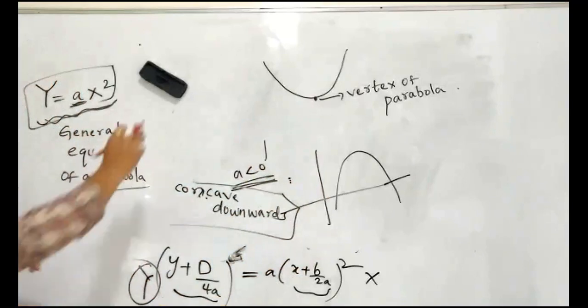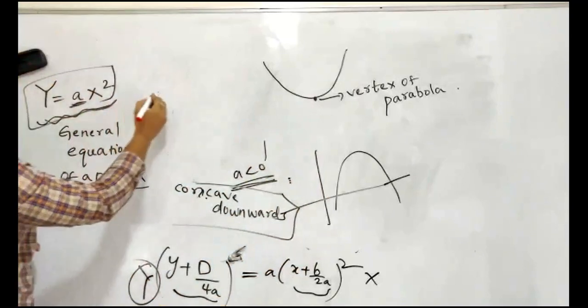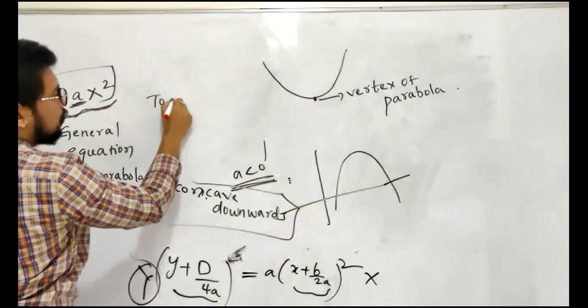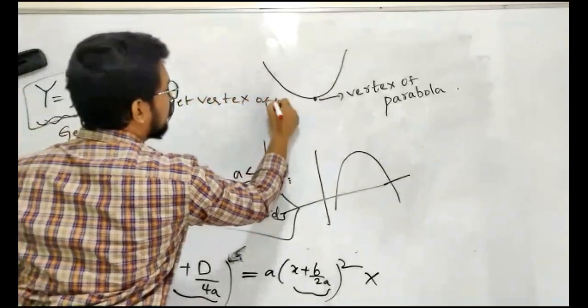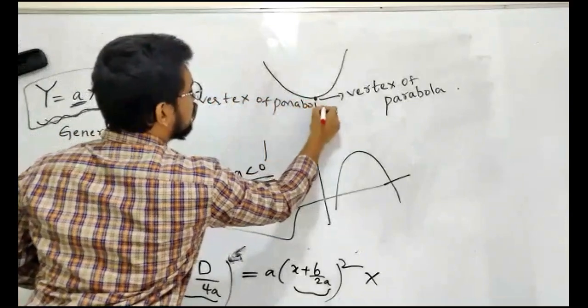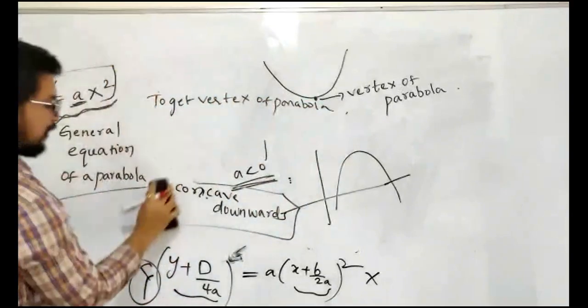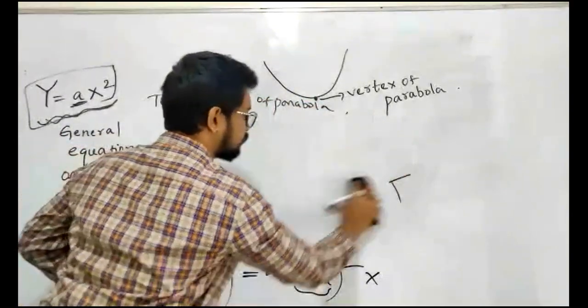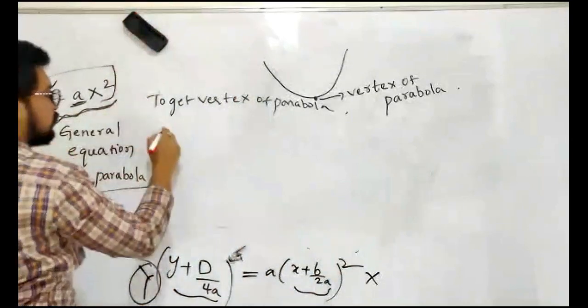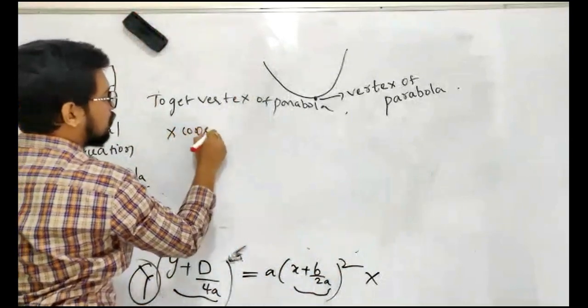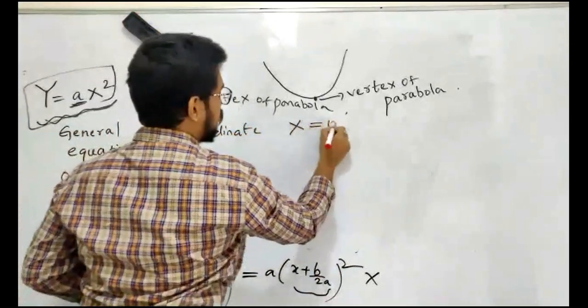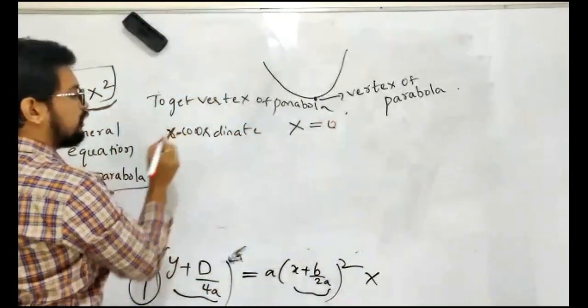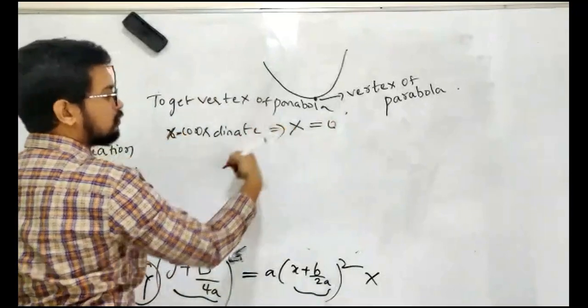Very simple. To get the vertex of the parabola, for getting the x coordinate, equate capital X to 0.